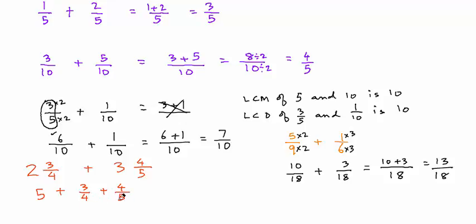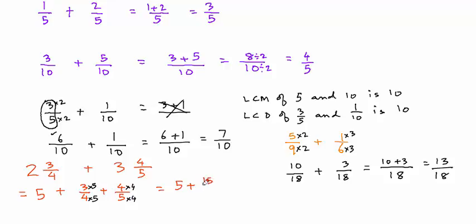Therefore, you want to change both of them to something over 20. And to do that, you multiply 4 with 5, 3 with 5, 5 with 4 to get a 20, and do the same with this 4 on the top. So this is equal to, we already have a 5 here, 5 plus 3 times 5 is 15.